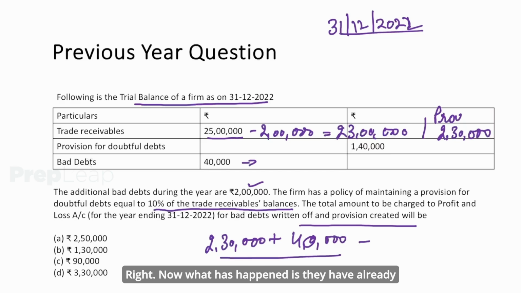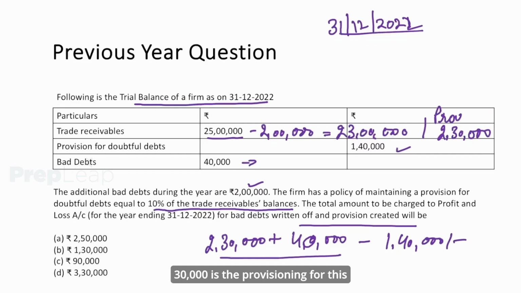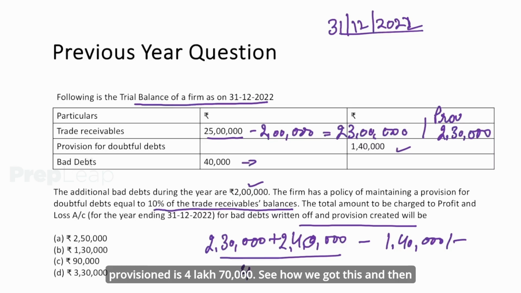Now what has happened is they have already provisioned doubtful debts of 1,40,000. So we subtract 1,40,000 from this. So 2,30,000 is the provisioning for this, plus 2,40,000 is the amount which is to be provisioned. So the total amount that is to be provisioned is 4,70,000.